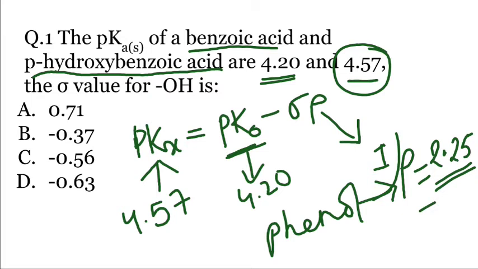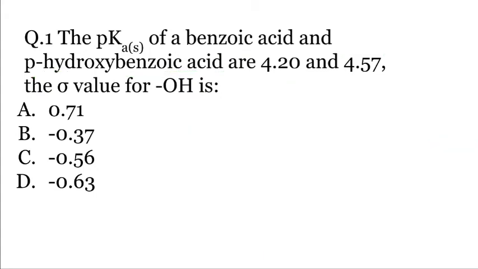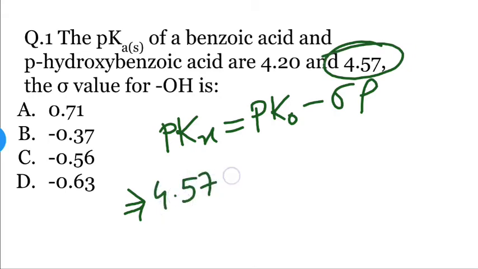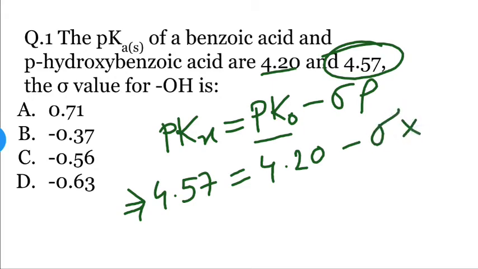So let's solve it. It is a very simple question. Ultimately pKx is equal to pK naught minus sigma rho. This means that pKx, for a substituted benzoic acid, we have 4.57. So 4.57 is equal to, for unsubstituted, 4.20 minus sigma, and I have said for benzoic acid rho is equal to 1, that means into 1.